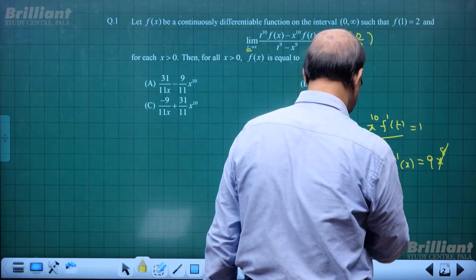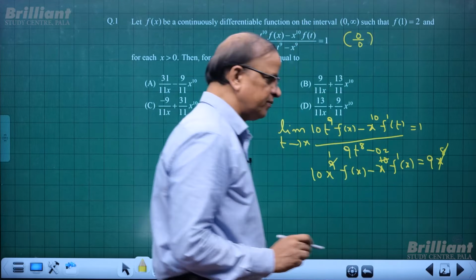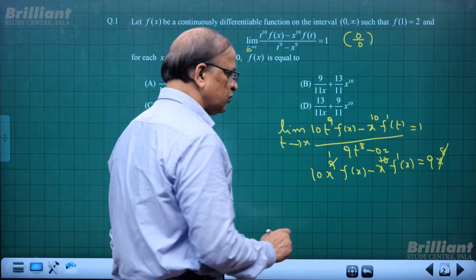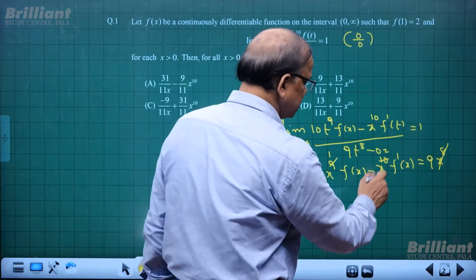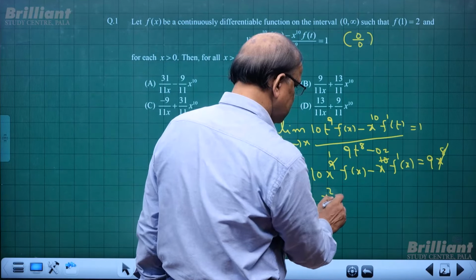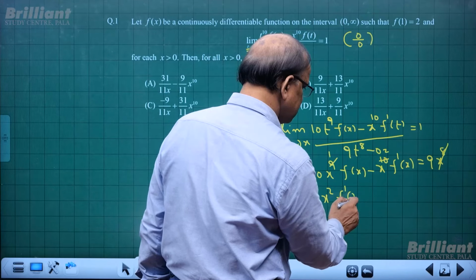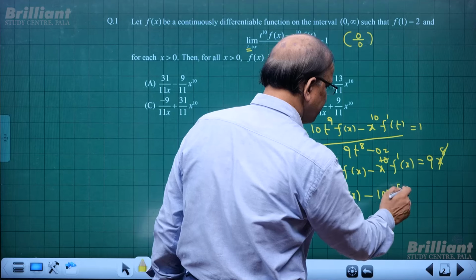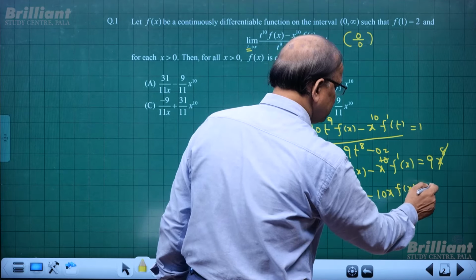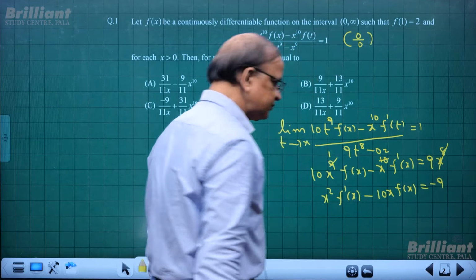Here 2 is there, here 1 is there. So multiplying by minus, you will get x square f dash x minus 10x f(x) is equal to minus 9.